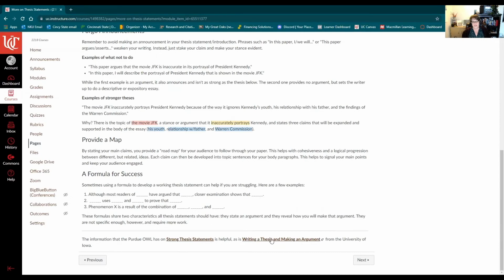So all of this information was taken from the Purdue OWL link, the strong thesis statements, which I have linked here, and writing a thesis and making an argument from the University of Iowa. These 2 resources are really helpful. This section here is actually taken from a book called, hold on, let me share with you.